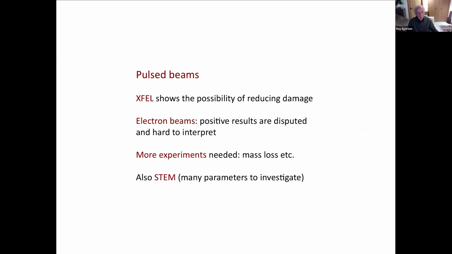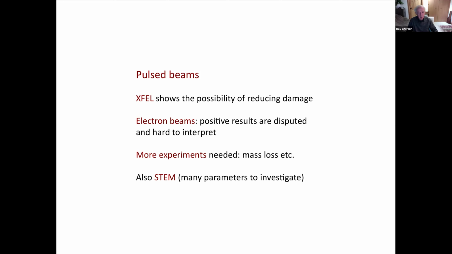And that localization of the damage is also relevant to damage due to pulsed beams. XFEL has shown us that there's a possibility of reducing damage. People have been trying with electron beams, and some positive results have been obtained, but they are hard to understand, and they have been recently disputed.